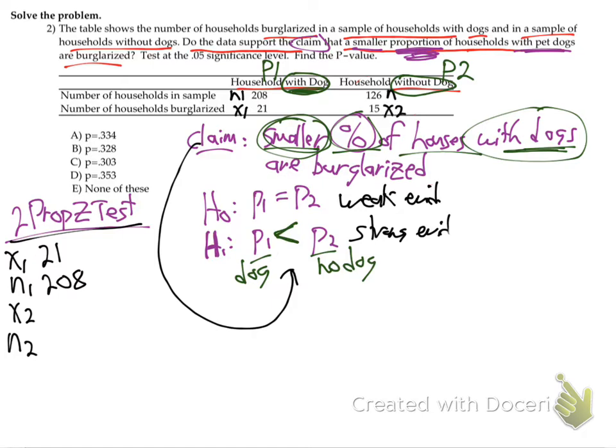And this is x2 and n2: 15 and 126. Again, the n is the bigger, the total number. And this is a less than test. We get that from right there. So we put those numbers into your calculator.